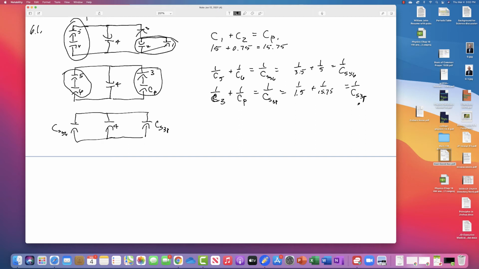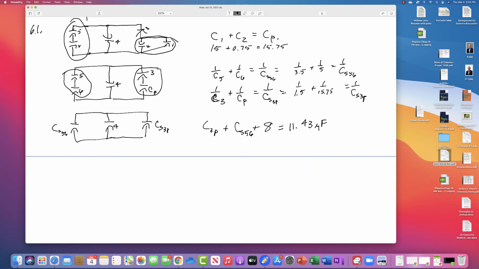And then once you get those two numbers, all you'd have to do is take C3P plus CS5,6, which will be your answer here and your answer here, plus C4, which is 8. And it turns out if you do this math, I'm not going to do it all, you end up with 11.43. And I guess it's microfarads.